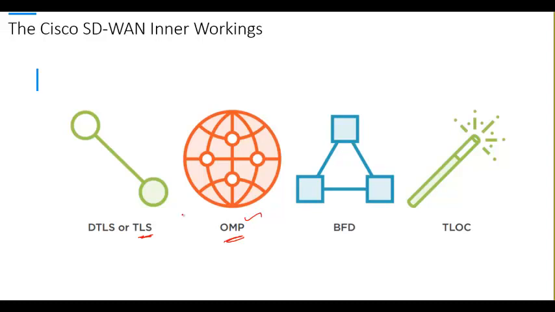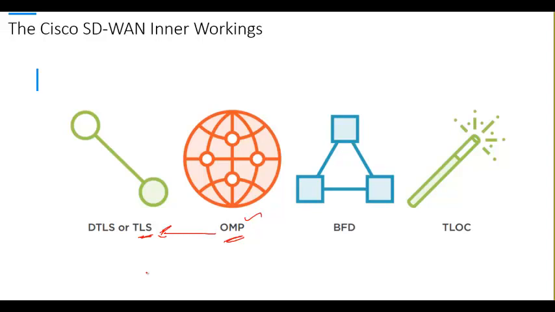And this OMP runs within TLS and DTLS. It operates inside the TLS, DTLS connection. So before OMP is established, it is TLS and DTLS. As we already know, that's mainly for authentication.